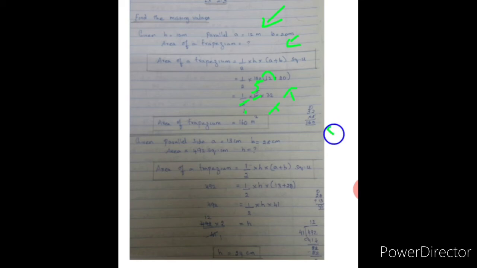So here in the rough column try to work out. 5 twos are 10, 0, carry over 1, 5 threes are 15, plus 1, 16. So the area of the trapezium we find is 160 meter square.